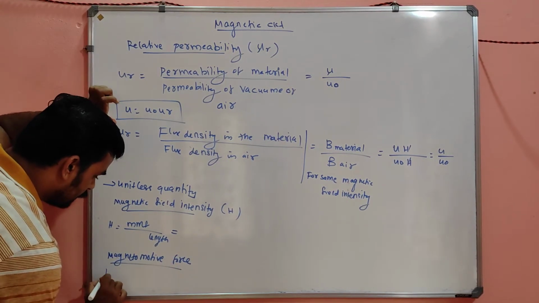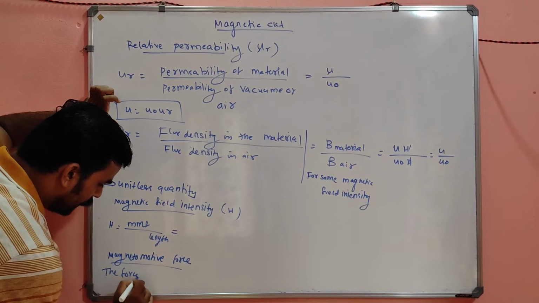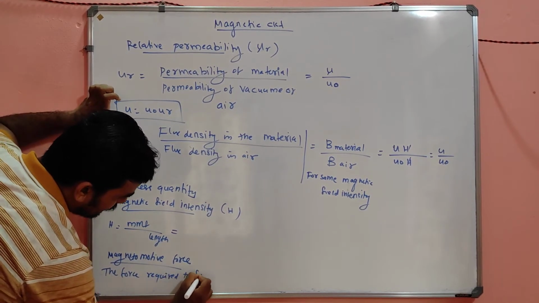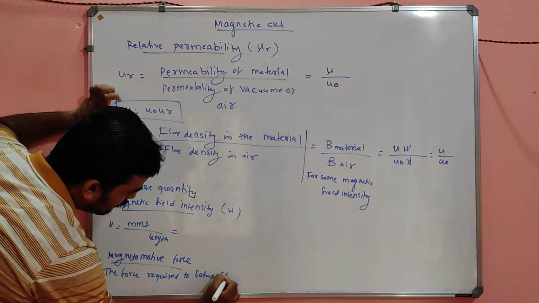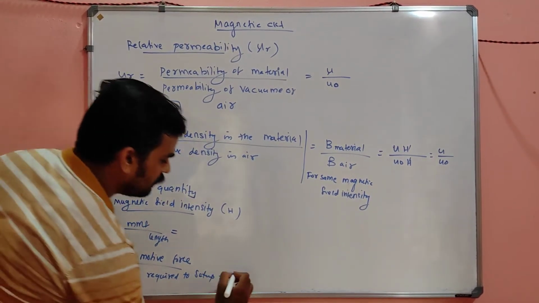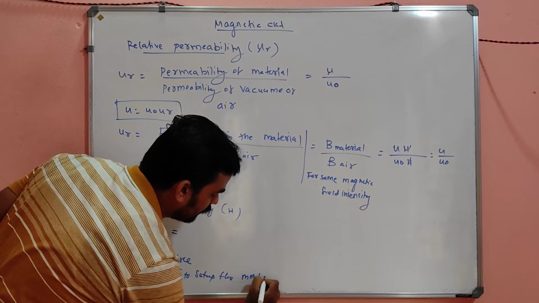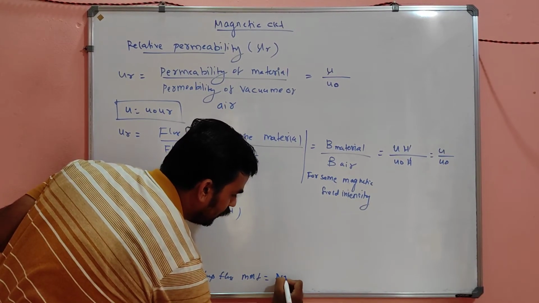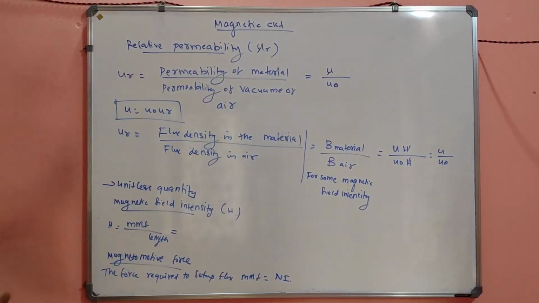It is the force required to set up flux, and mmf is represented by N into I.